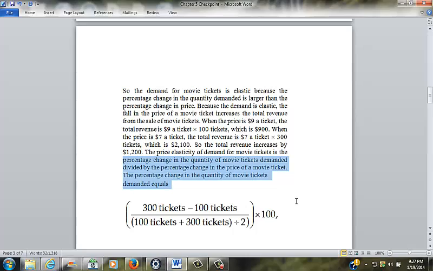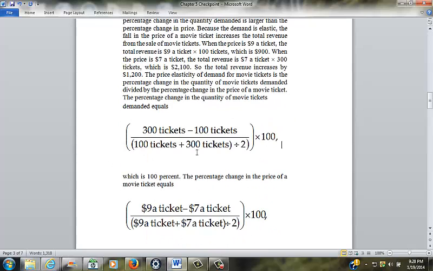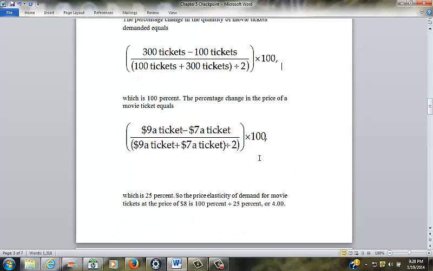The price elasticity of demand for movie tickets is the percentage change in the quantity of movie tickets demanded divided by the percentage change in the price of a movie ticket.